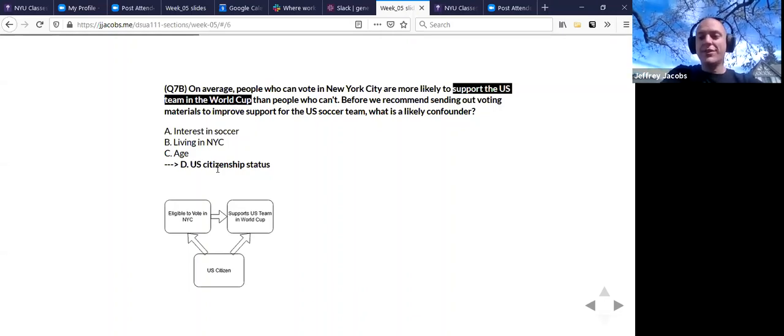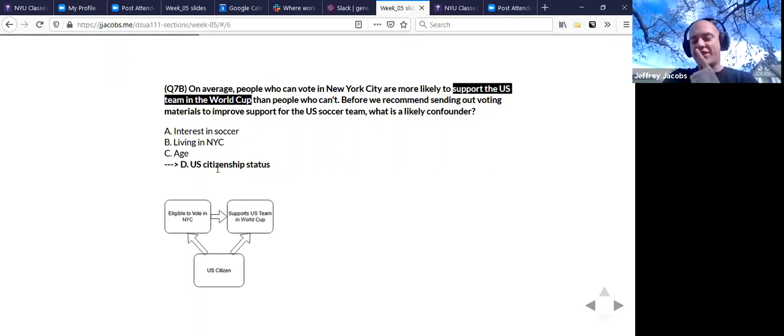So if you meet someone and you don't know anything about them, you might say, I don't know what team they support. But if you learn they're a US citizen, suddenly you have information that lets you make inferences: I don't know that they support the US team, but they're more likely to support the US team than otherwise, like if they were an Austrian citizen.